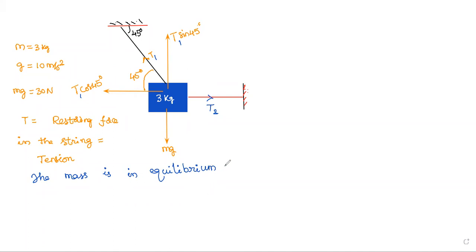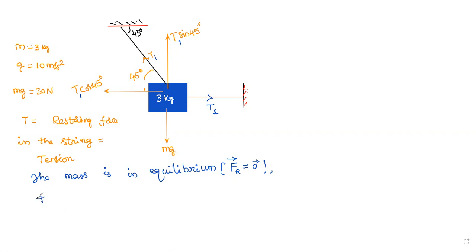So the mass is in equilibrium. That is, in case of forces, F resultant is equal to 0, a null vector. This is equilibrium. Fr bar equals null vector. So better we write it like 0 bar, meaning null vector.